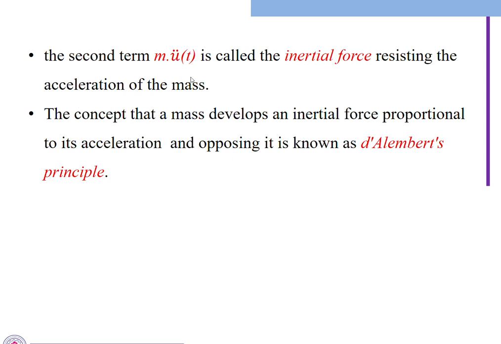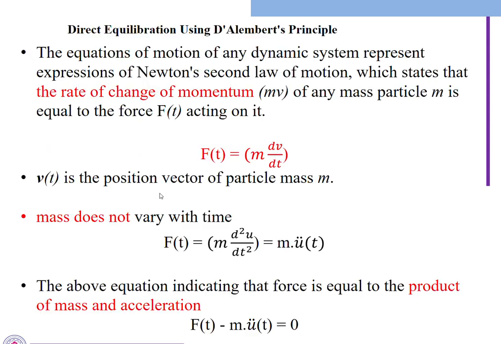This is the concept that a mass develops an inertial force proportional to its acceleration and opposite to the direction of acceleration. That opposing force is known as D'Alembert's principle.